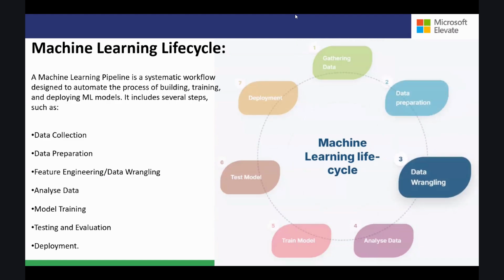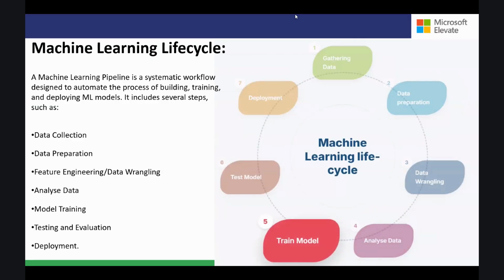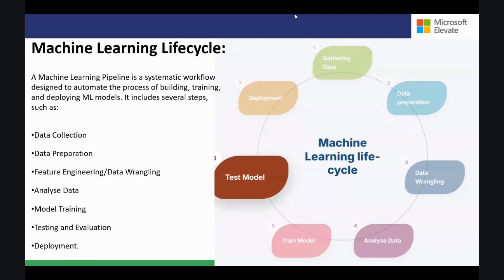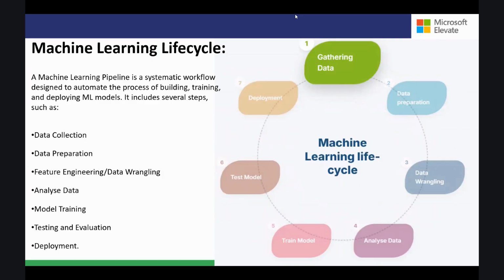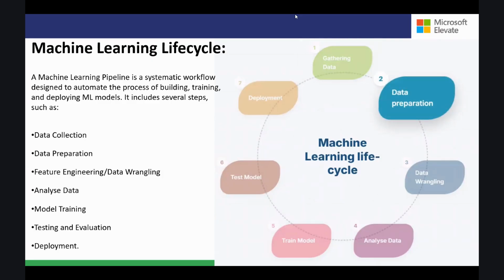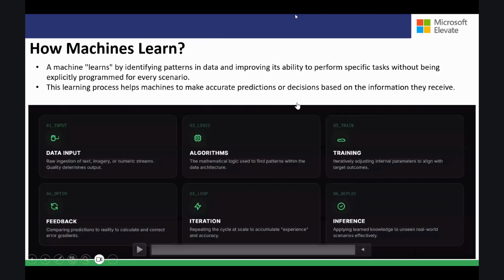And then, okay. Hey, sir, but in the animation, we can see after deploying the model, again, it is going to gathering data. Why is it like that? Can you tell me? Like I told you, it is adaptive. Do you remember this slide?